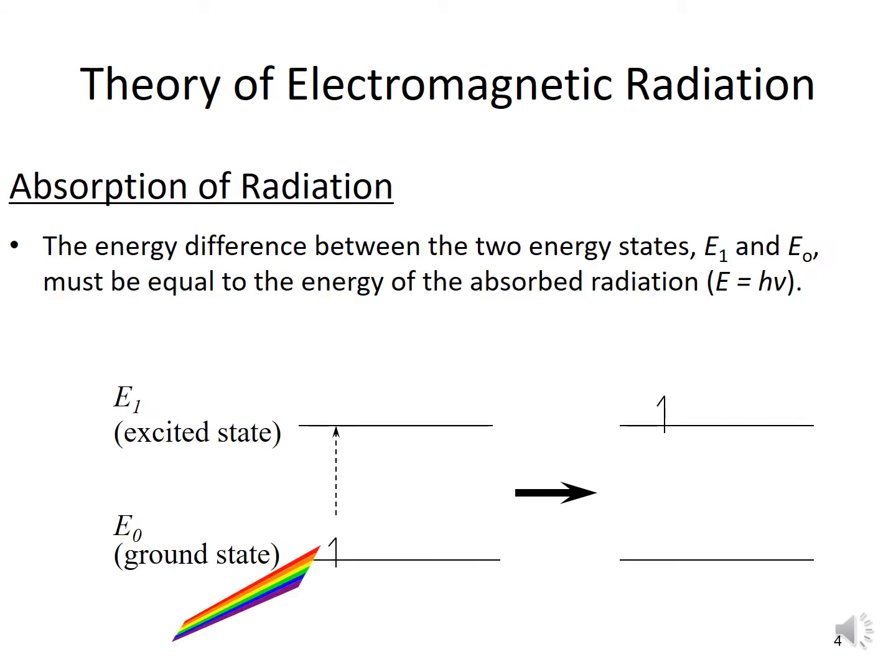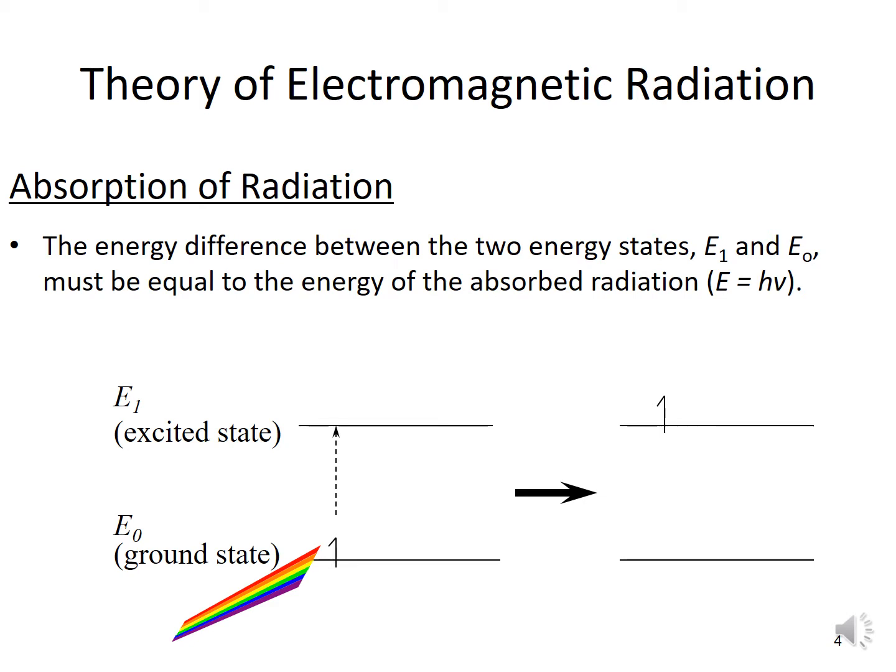What actually happens to the electron involves two processes. In this case, there is the absorption process, where the electron from the ground state is excited to a higher energy level, which is the excited state.